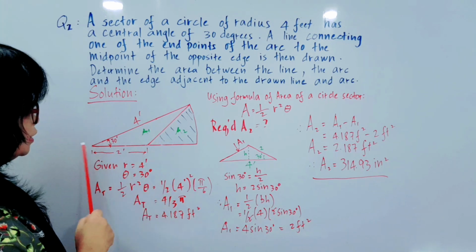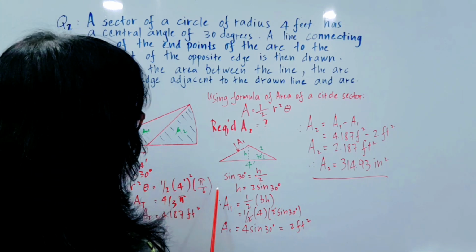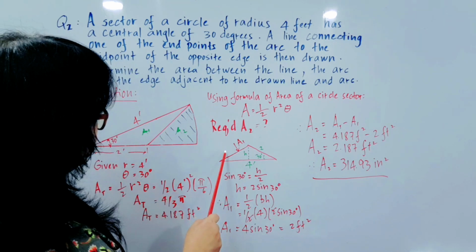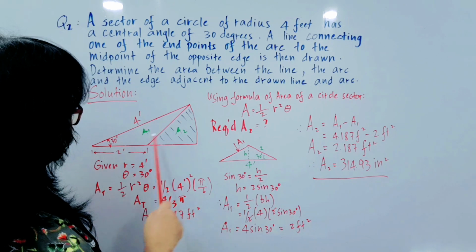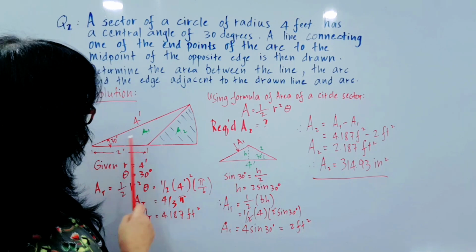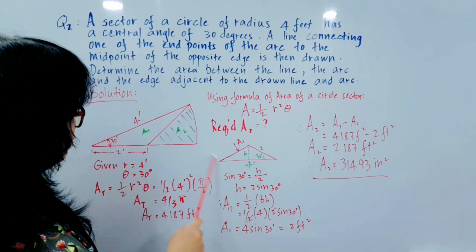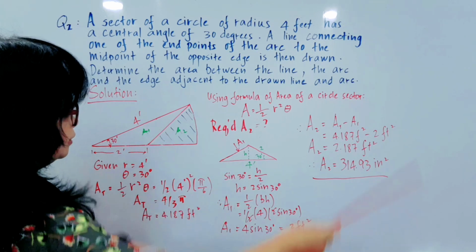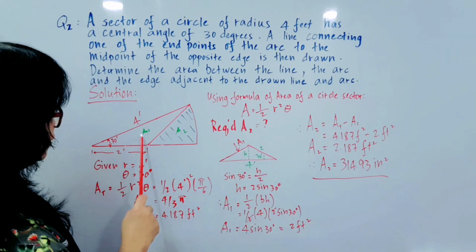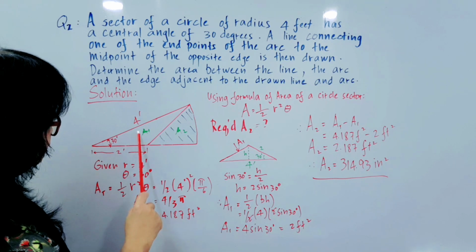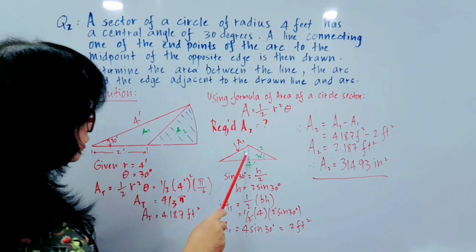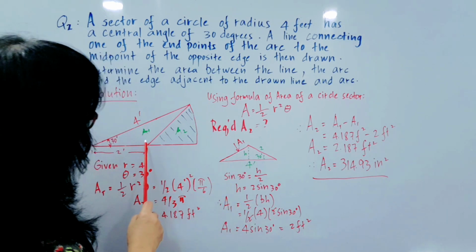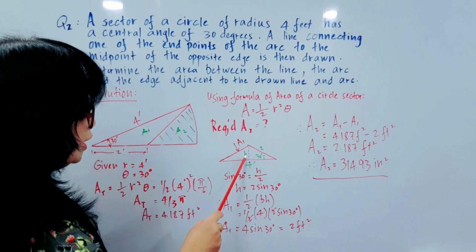So let us take out this triangle and rotate it. This is our base, and this side is a right angle. From here to here, we designate the height.